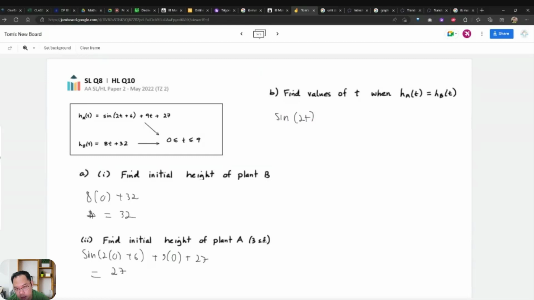So the y window must be from 0 to about 110. So we're finding the intersection on the calculator, right? Of the 2. Yeah, exactly, the intersection of the 2 graphs. Would it be in degrees or radians?